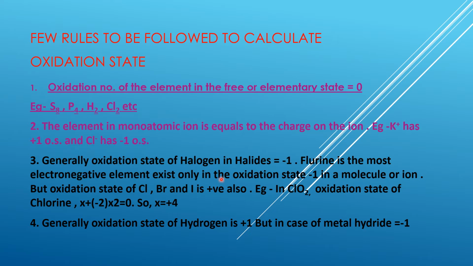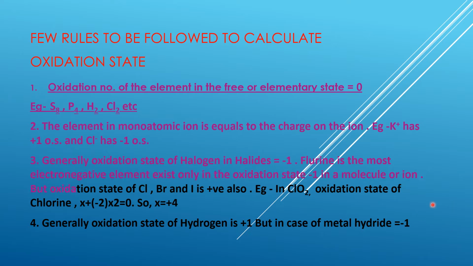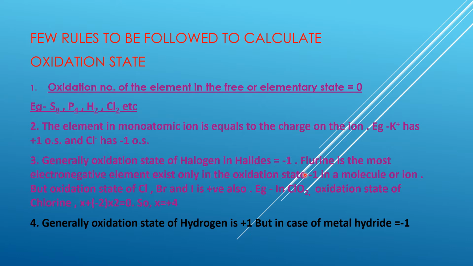That's why its oxidation state is not going to change, it is always -1. Just try to understand here, the oxidation state of fluorine is given as -1 because fluorine is the most electronegative element.